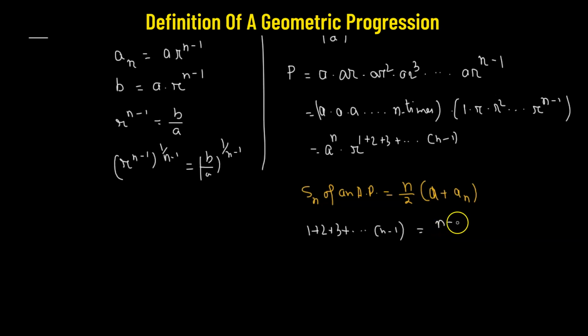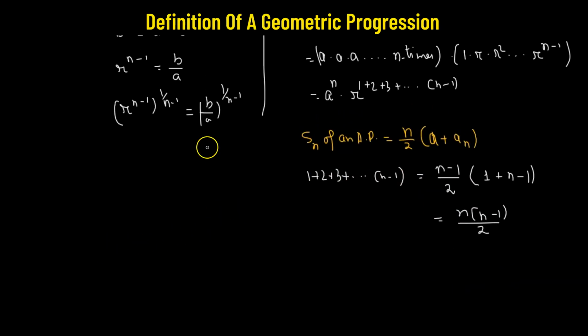So we have n minus 1 divided by 2, multiplied to the first term plus the last term, which is n minus 1. This is simply going to give us n times n minus 1 divided by 2. So our product is a raised to the power of n multiplied to the common ratio r raised to the power of n times n minus 1 divided by 2.